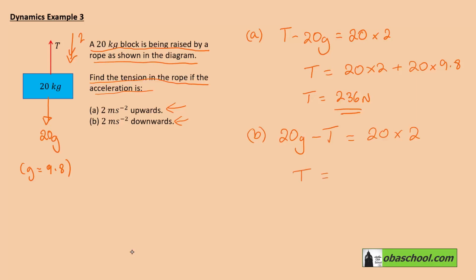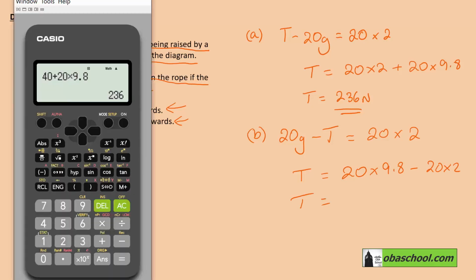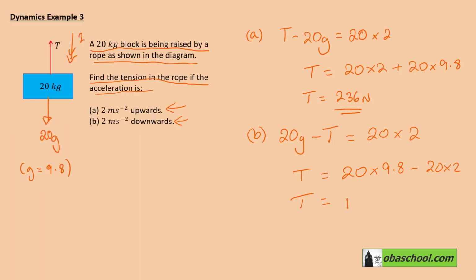Rearranging gives me that T is 20g, or 20 times 9.8, take away 20 times 2. So we just do 20 times 9.8, take away 40, gives me 156 newtons.